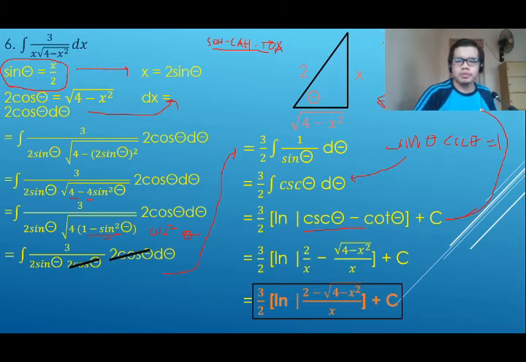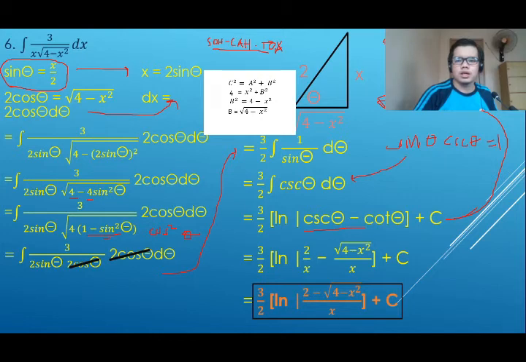Wherein c squared equals a squared plus b squared. Let's say c squared is 2 squared, which is 4, equals x squared plus b squared.